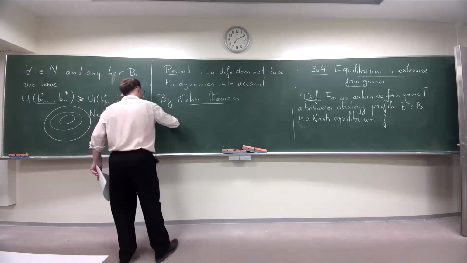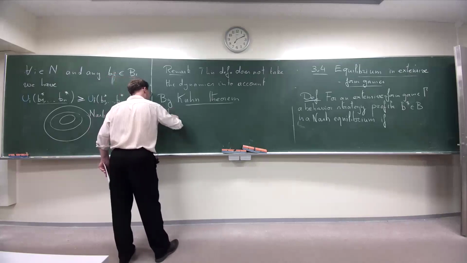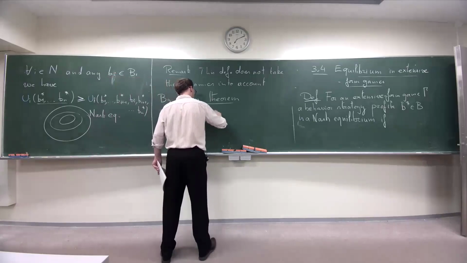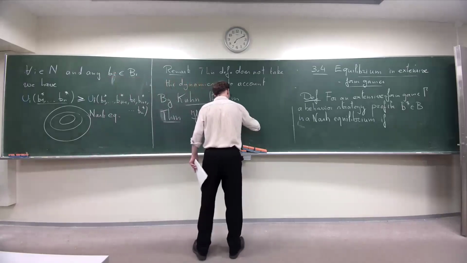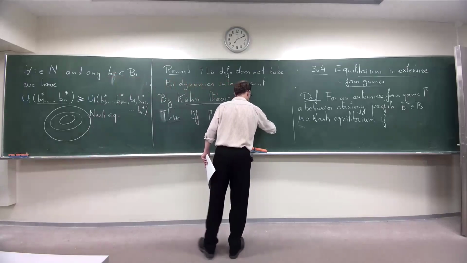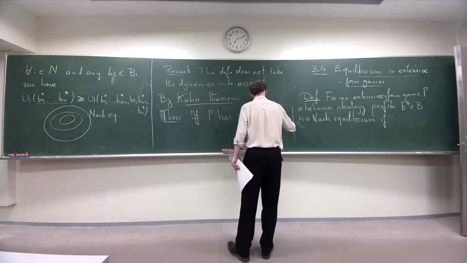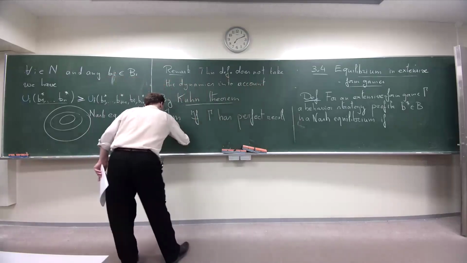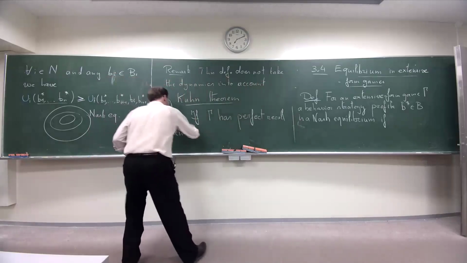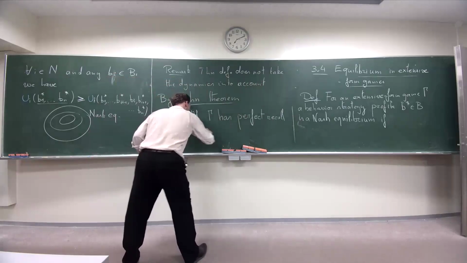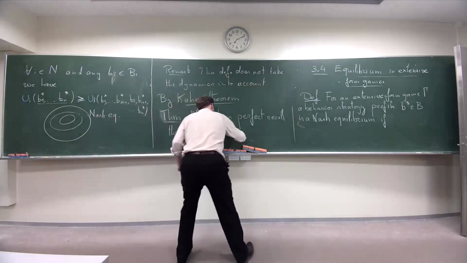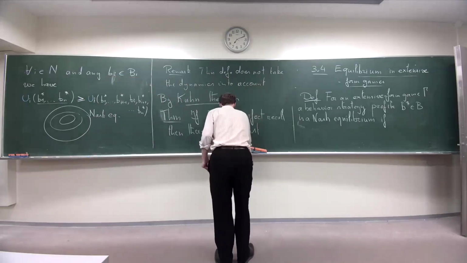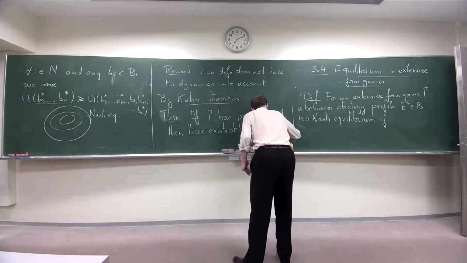So it's a theorem: if gamma has perfect recall, which is what I need for this one-to-one correspondence, then there exists at least one Nash equilibrium.